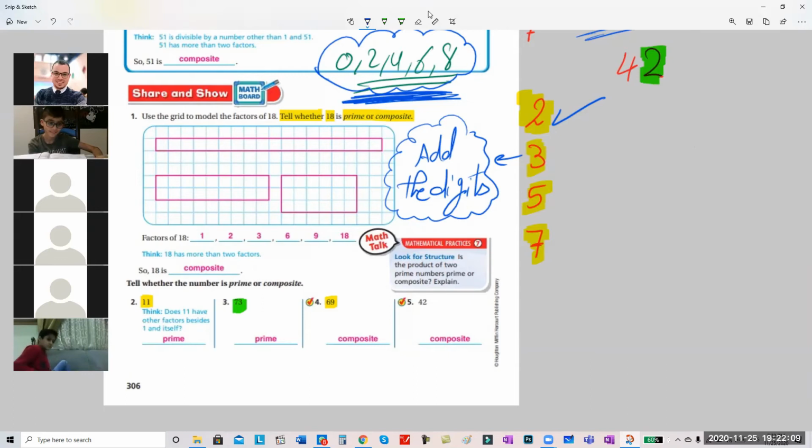If it works with one number, you don't have to continue. You're wasting your time. So you have to stop, because if you continue, you're wasting your time. Since it works with one number, it will be composite.